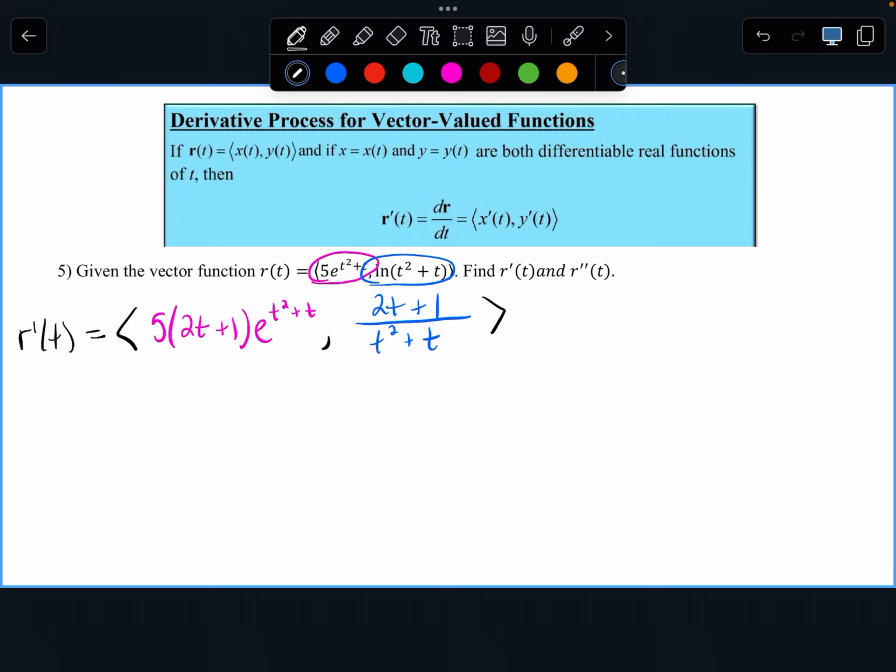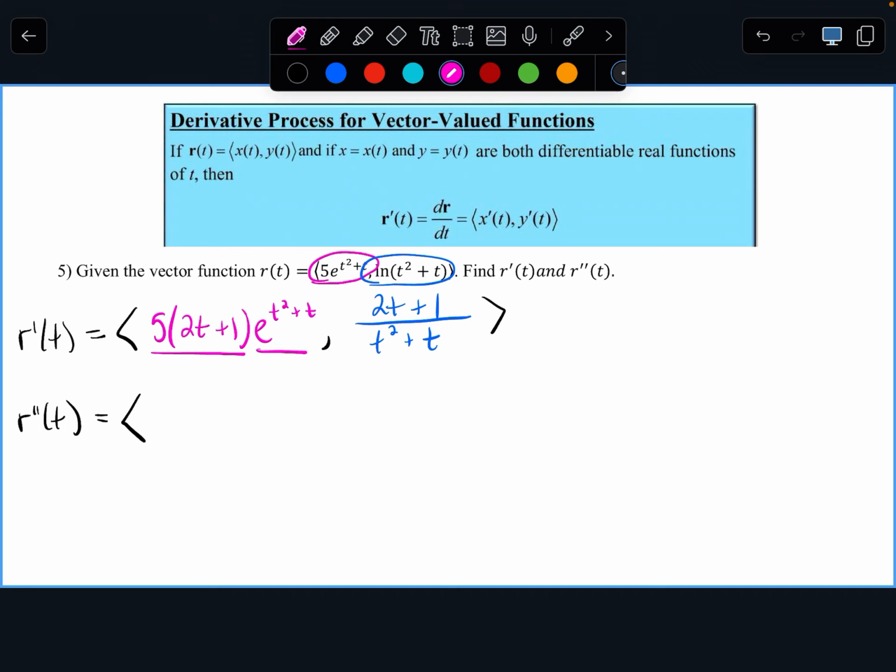So that's normal. The second derivative is just kind of horrible because now we have product rule and a quotient, so you kind of cry a little, but it should be fine. Hopefully, maybe. So this first one is just a little review with doing product rule. You take the derivative of the first times the second, plus the derivative of the second times the first.